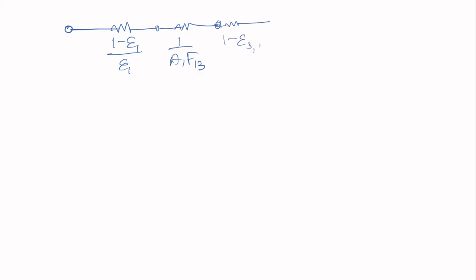So I can simply draw it over here, 1 minus epsilon 1 by epsilon 1 A1. I will have the view factor now coming in, 1 by A1 F13 will be there now, because the radiation shield is coming between. Then the radiation shield's 1 minus epsilon 3 on the one side, 1 by epsilon 3 A3, the third one.